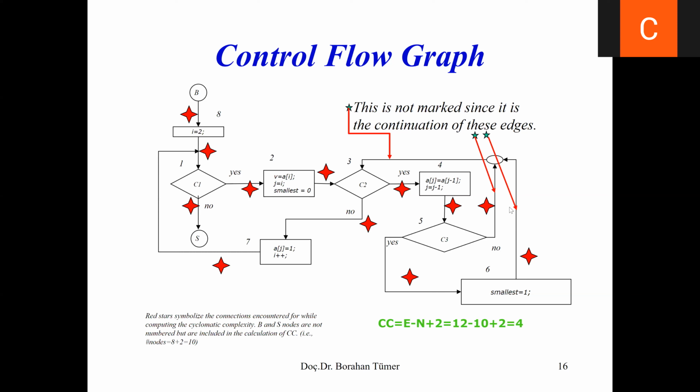I equal 2 is marked with 8. It is the 8th node. So you can start with 8 instead of writing I equal 2. The nodes are marked, Fırat. For example, this node is 8. This node is 1 here. This node is 2 here. Maybe you didn't see them.